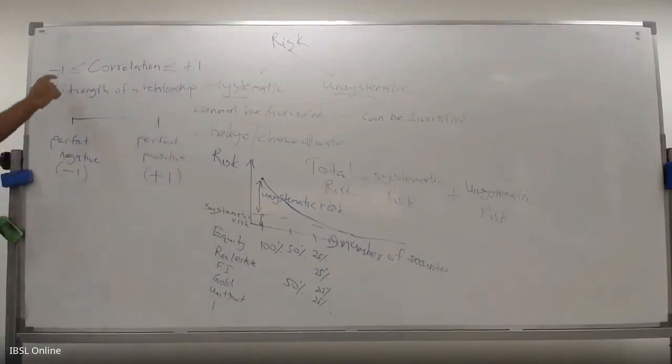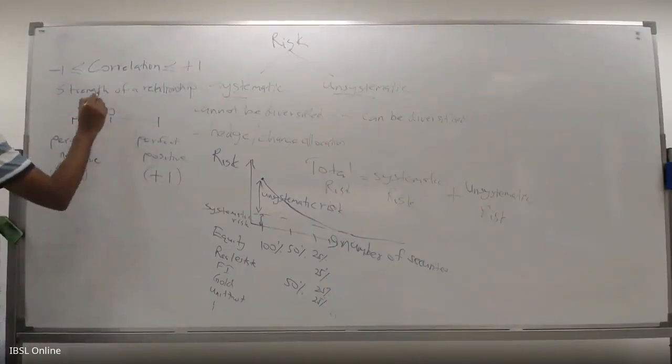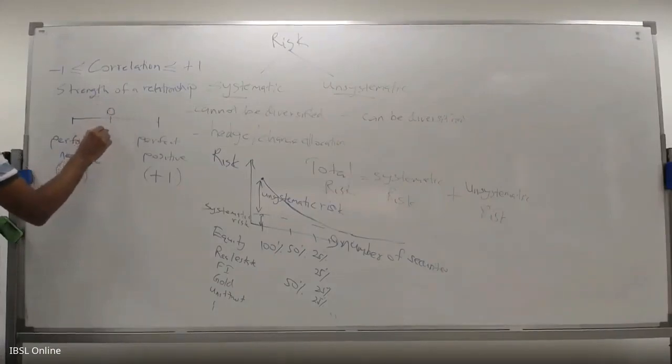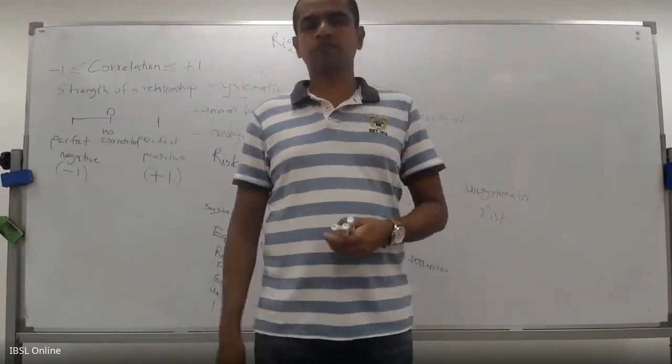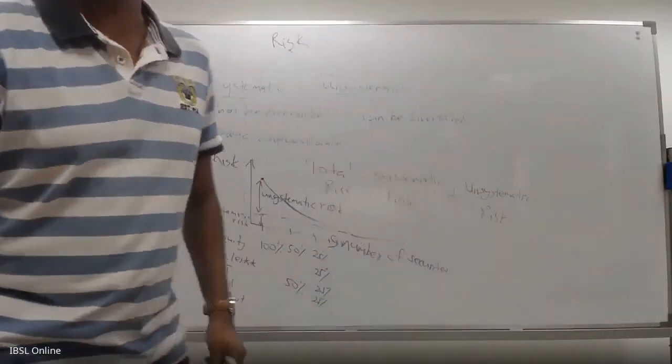So -1 is called perfect negative, +1 is perfect positive. In between you have 0, which means there is no correlation. I hope that's clear.